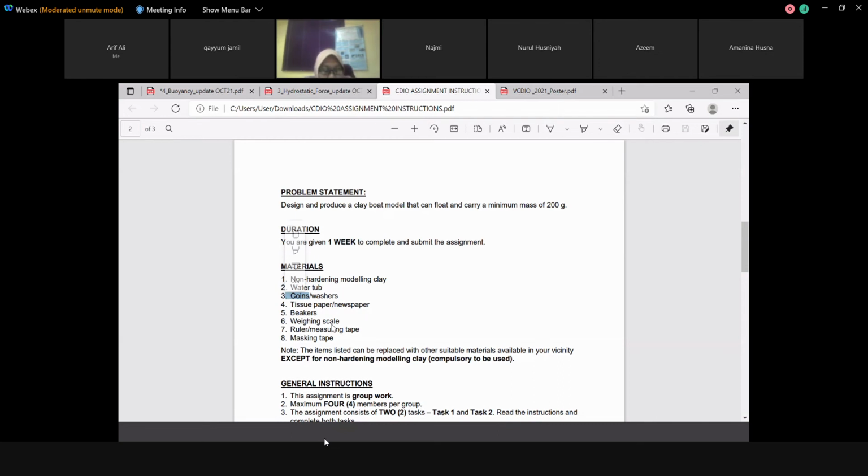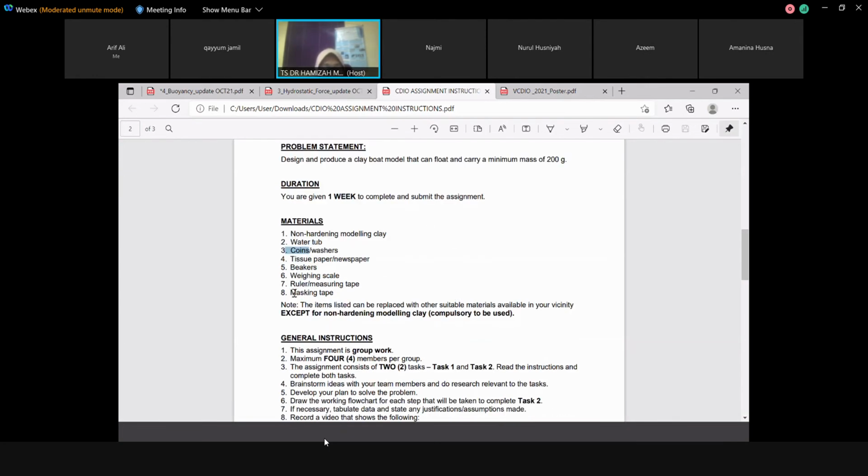Okay, you can use that one. So boleh check lah 4 orang kawan tu siapa yang ada weighing scale. Okay, and then you need a ruler and measuring tape. This one nak kira berapa boat tenggelam, the immersion depth of the clay boat. And then you need a masking tape, maybe untuk label dia punya depth tu lah.